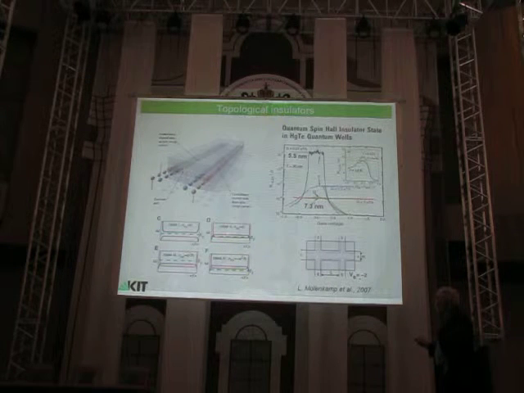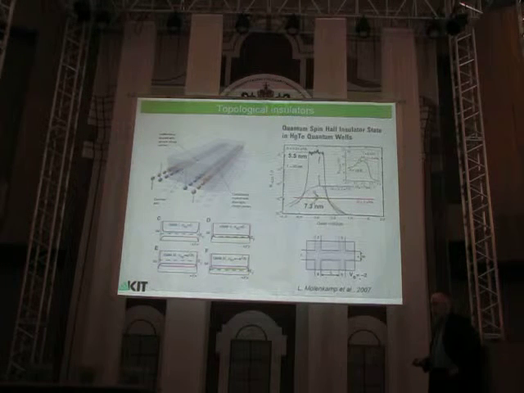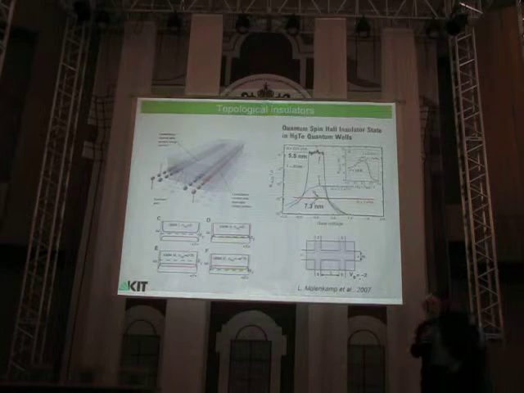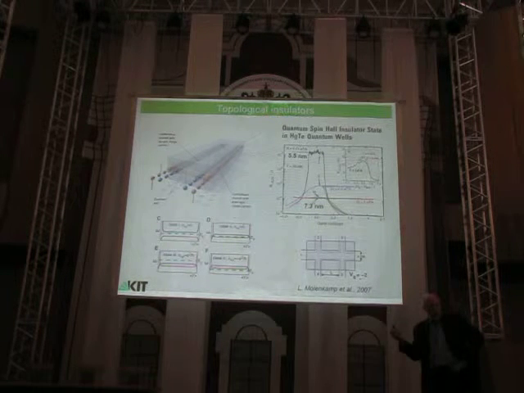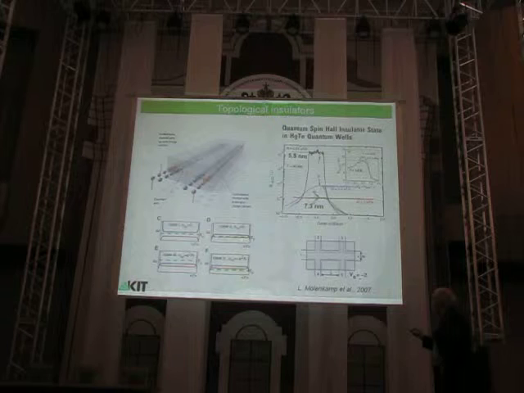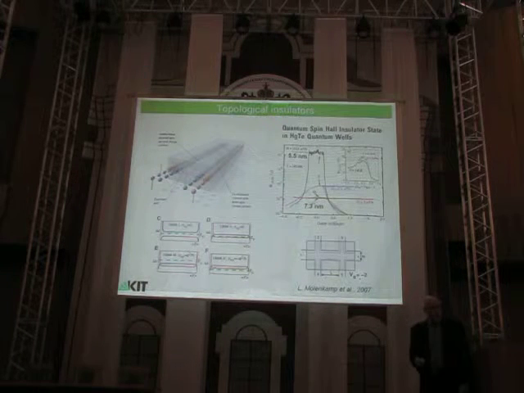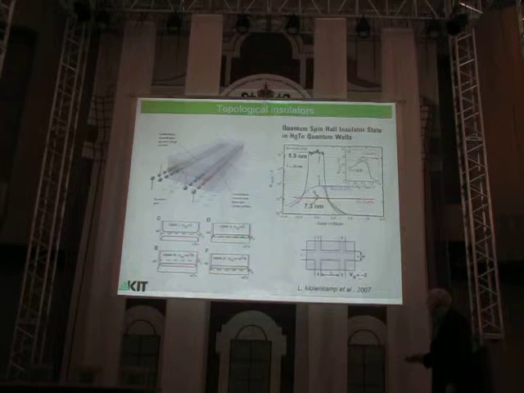If you have inverted bands, and the Fermi energy is in the middle, you get an intersection of the Fermi energy with the energy bands here at the edges of the sample, both up and down, so then you would also get no charge current in this state. I mean, they can't measure the spin current. So in this case, you would get a spin current, but no charge current, and then measure the charge current. Okay?